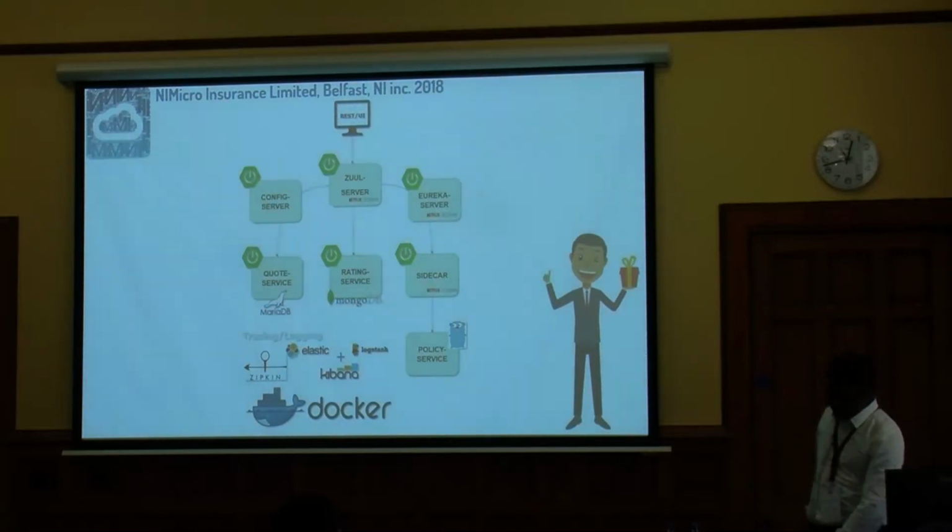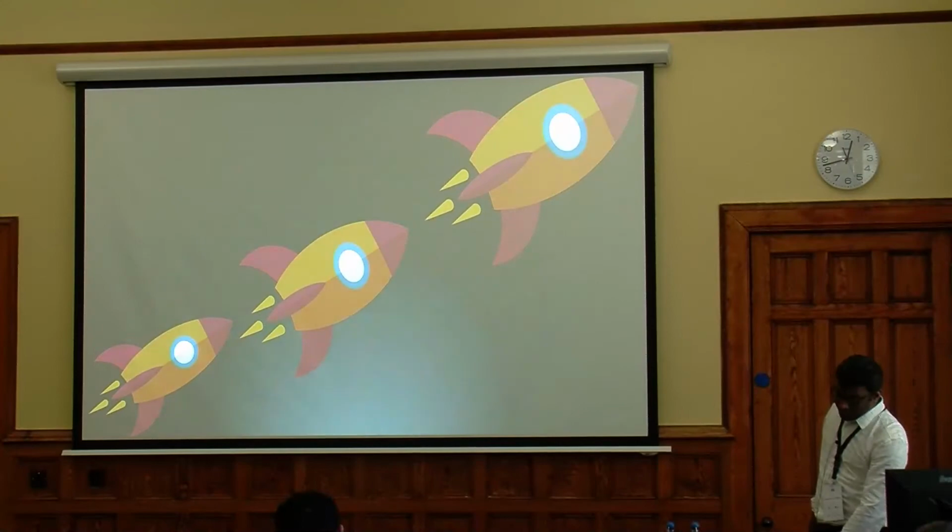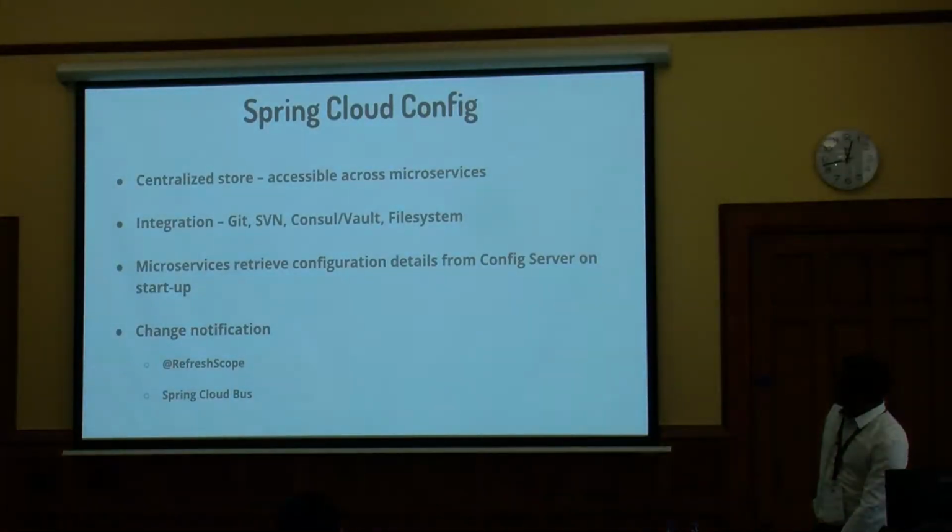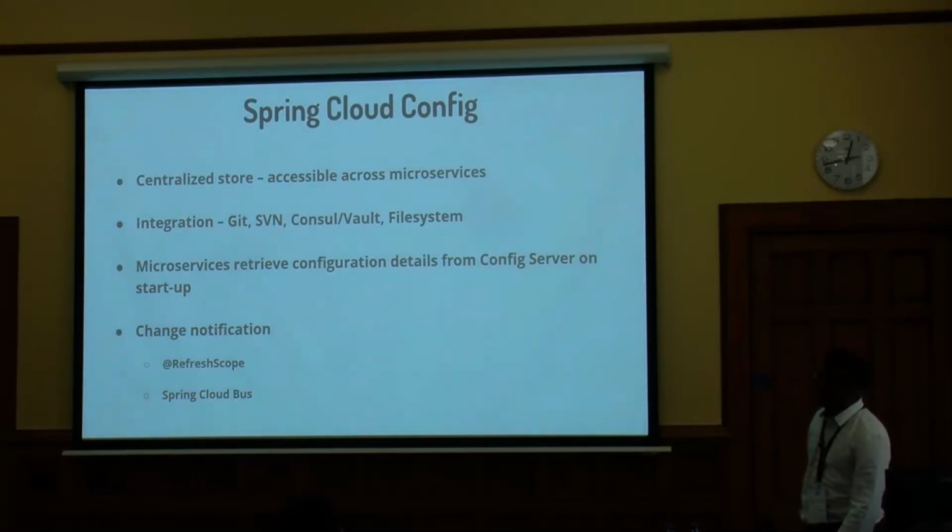And okay, now we'll just rush through all the libraries, just the basics of all of these things. So Spring Cloud Config helps you provide a centralized store accessible across the microservices. Spring Cloud Config provides you integration with Git, SVN, Consul or Vault, and also the file system.